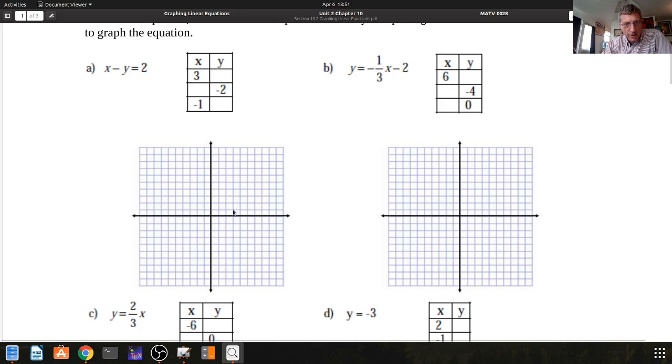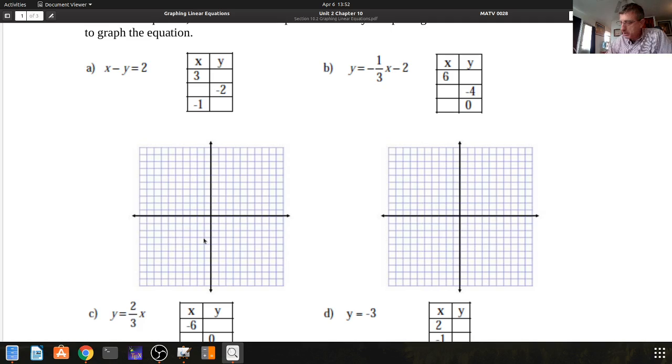You'd put a dot right there. Then you would come down here and you have 0, minus 2. So you put a dot right there, and you would use a ruler and draw a line through your dots. And then you would go to 1, minus 3 and put a dot right there and check that it actually is on the line you just drew.